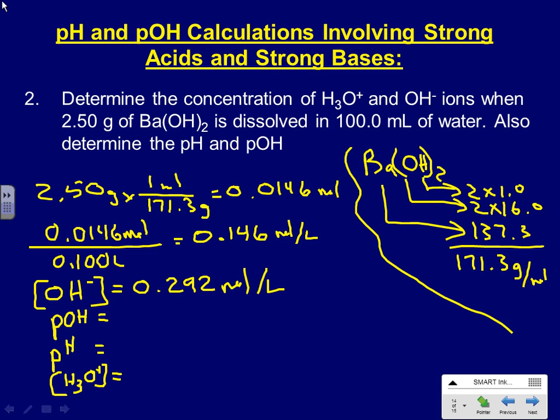Negative log, if you've got that in your calculator, answer equals 14 minus answer equals, 10 to the exponent negative answer equals. That answer button is a fabulous thing. So we'll take all three when you get them, and I'll take the pHs and pOHs to 2 decimals. That's what we'll go with on this.